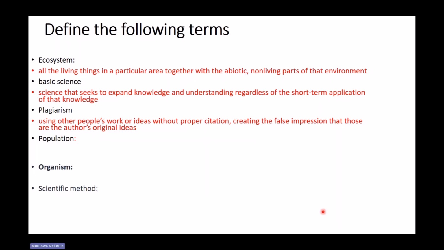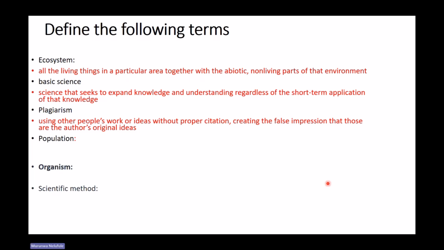What is population? Population is the number of individuals. That's how you should do it in life. Yeah, continue. What is population? Population is the total number of individuals of a particular species living in a specific area.